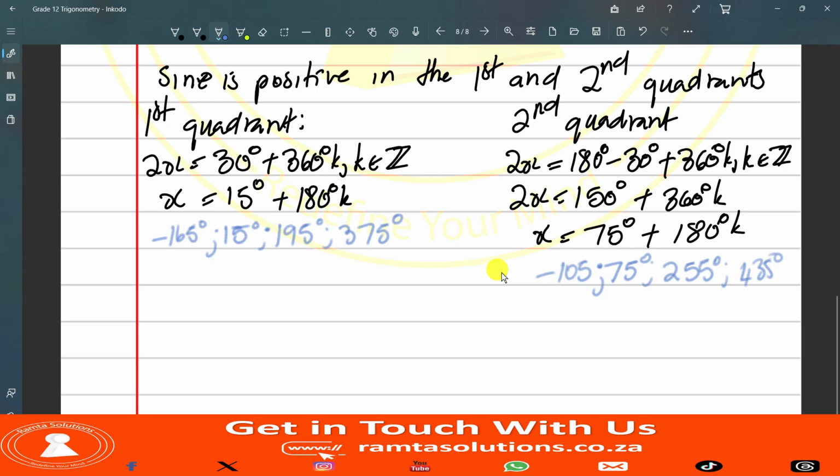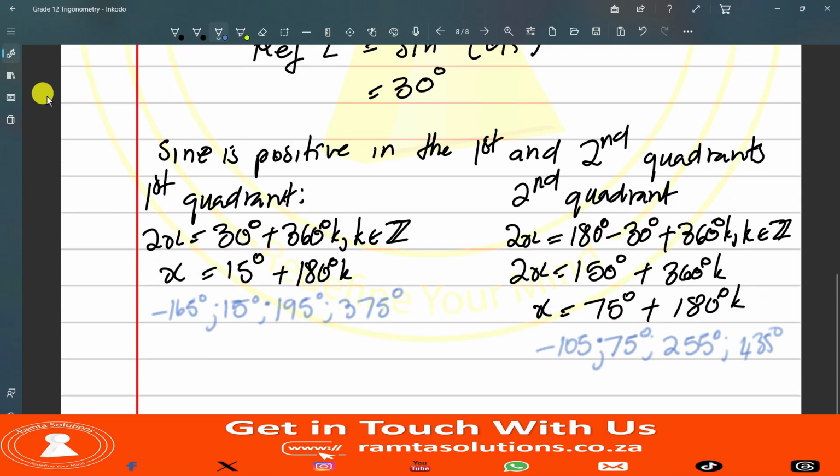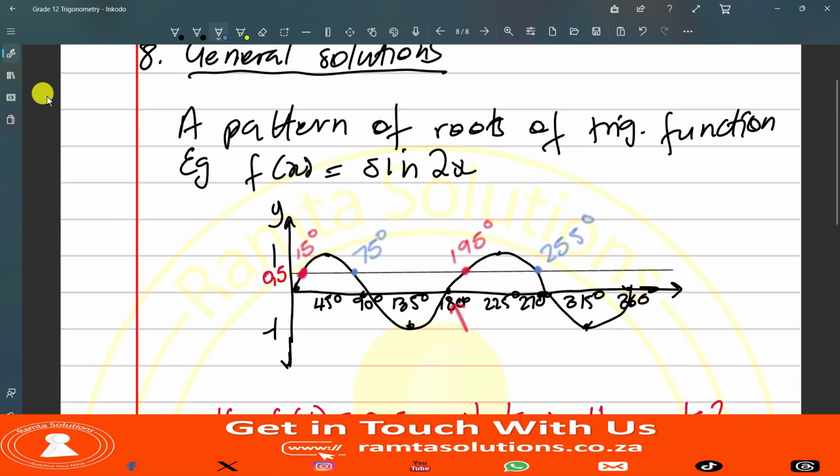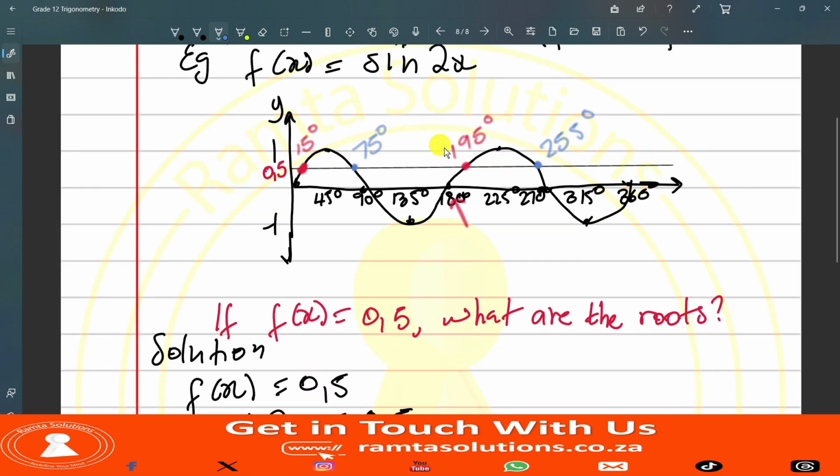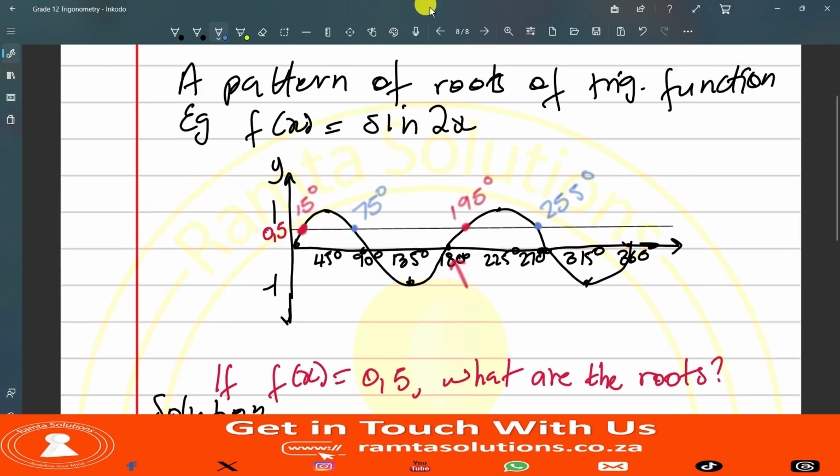But now, I want to go to the diagram. Let me go to the graph that I drew. So you see here, I had stopped at 360. So I want to say, if f of x equals to x, let me add this and say x is an element of 0 degrees to 360 degrees, both included.